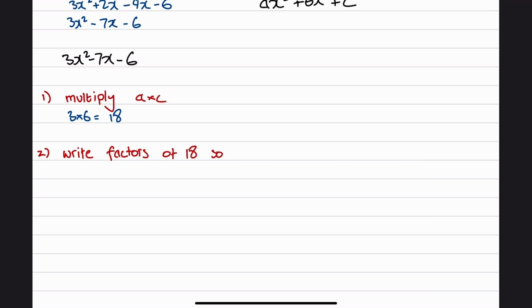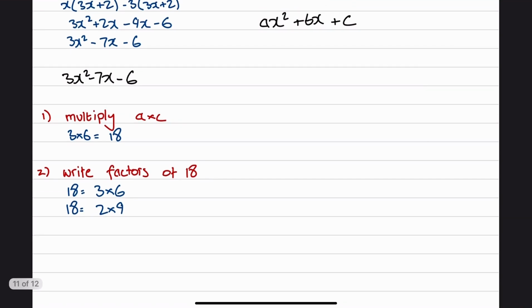So the factors of 18 can be written as 3 times 6, or 18 can be written as 2 times 9.